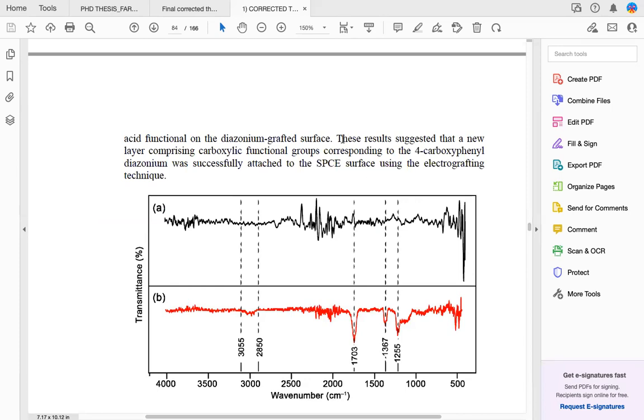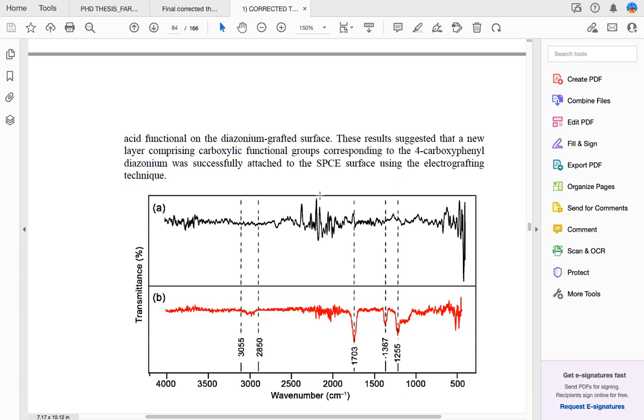Okay, so the conclusion: this result suggested that a new layer comprising carboxylic functional groups corresponding to 4-carboxyphenyl diazonium. So he tried to prove that the diazonium salt that he wished to modify on the surface is there by looking at the carboxylic functional groups.